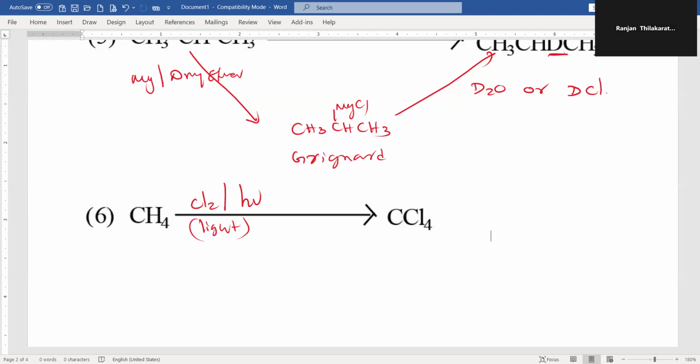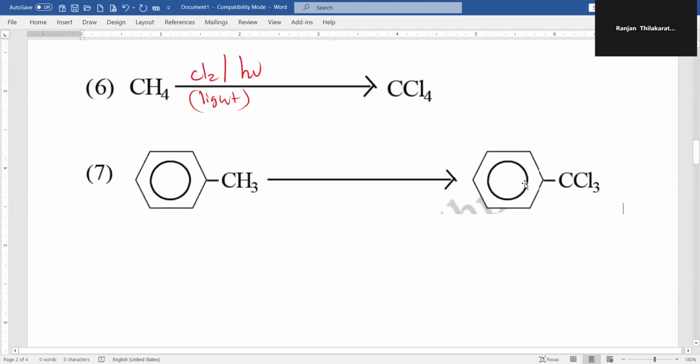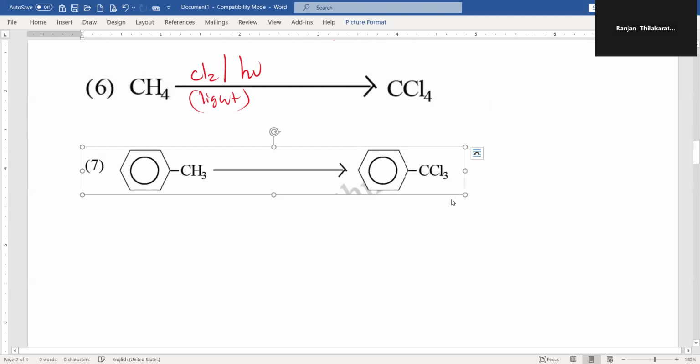Then the next one, the seventh one. Here also, this is the chlorination of toluene. Again, you can go through the note and just remind yourself of these things. I use this conversion as a recap of the past lessons.